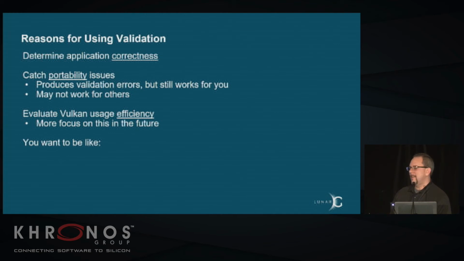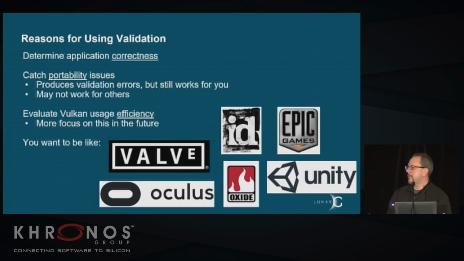And the intent is to try to follow the spec precisely with the validation layers and give you some kind of hint that, hey, even though things are looking good, you're probably doing this wrong and you should change. We also want to try to give you some hints eventually on performance and other usage. And so several vendors that have given us feedback on using the layers include companies like that.